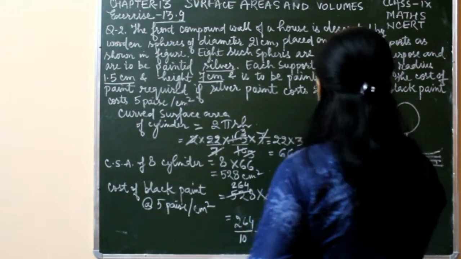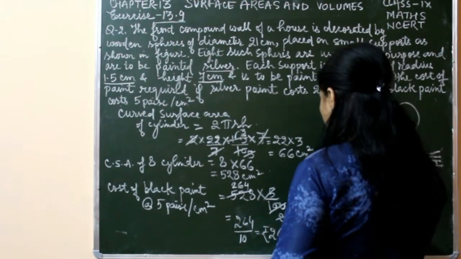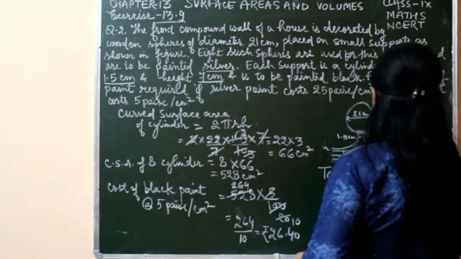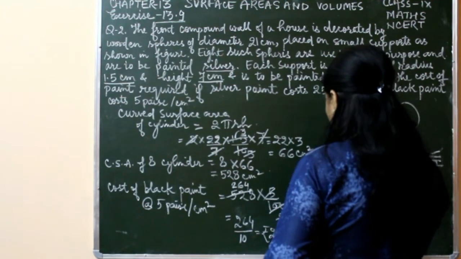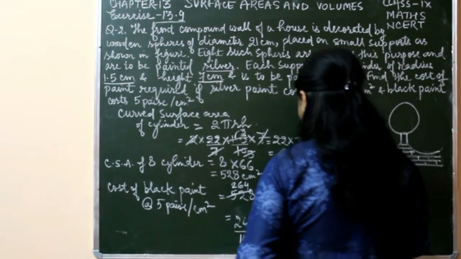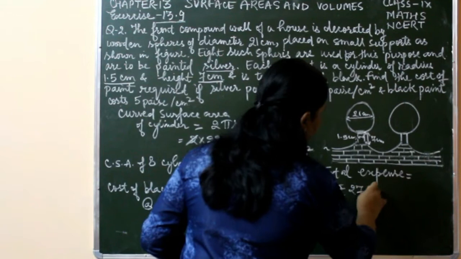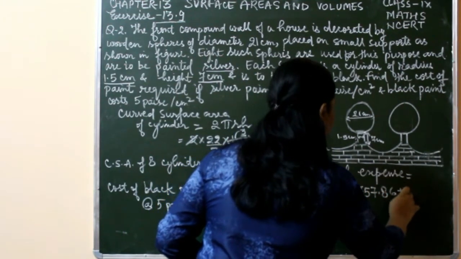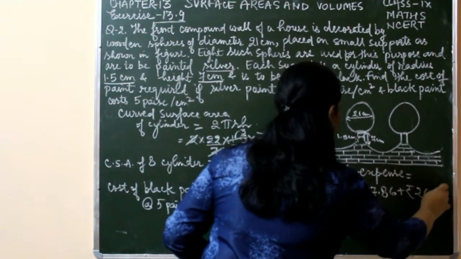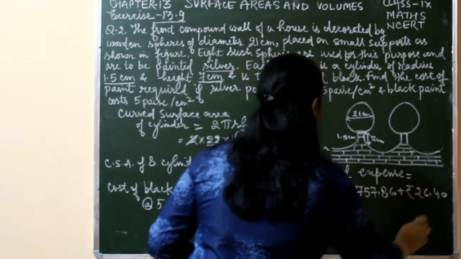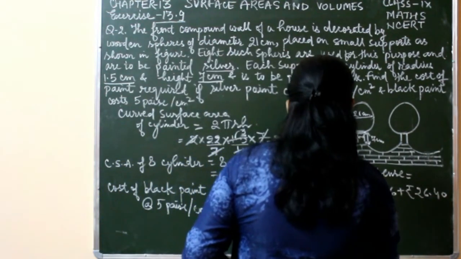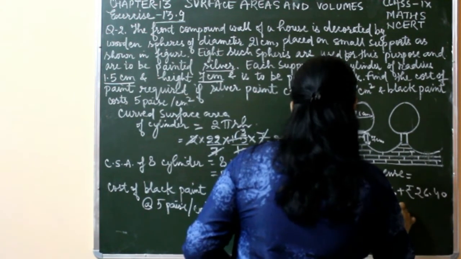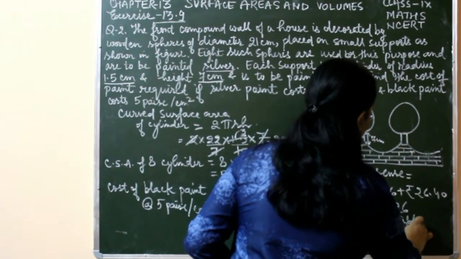Okay. Now total expense or the total cost of painting, that is equal to rupees 2757.86 plus rupees 26.40, which is equal to rupees 2784.26 approximately.